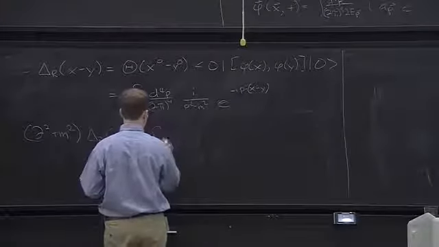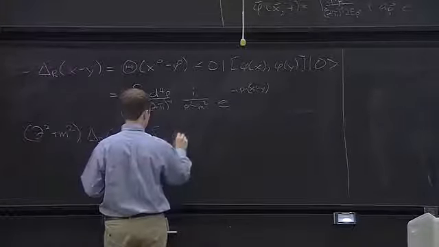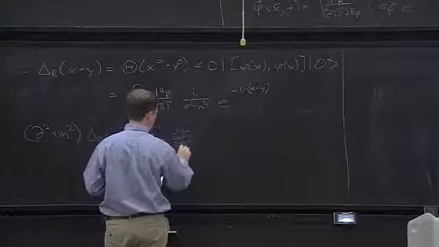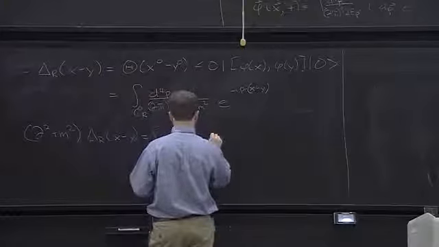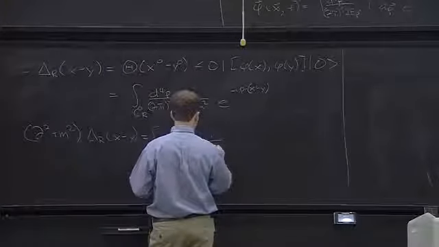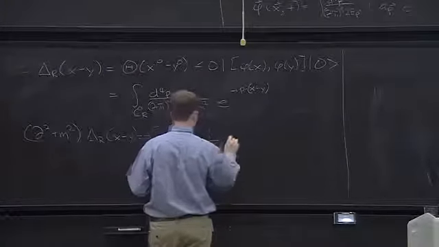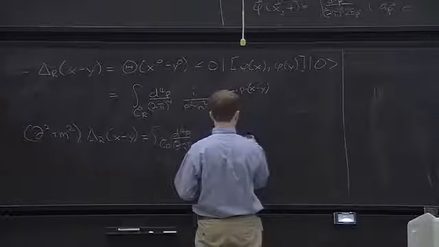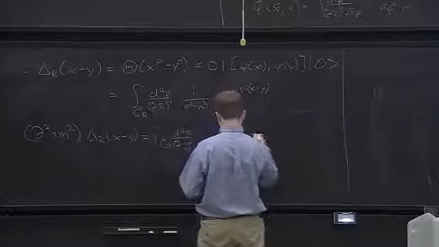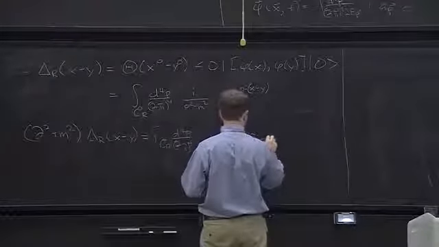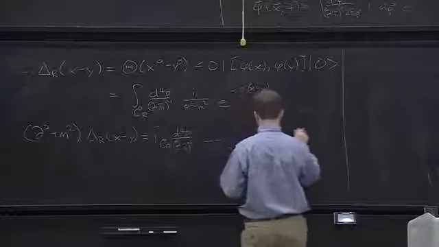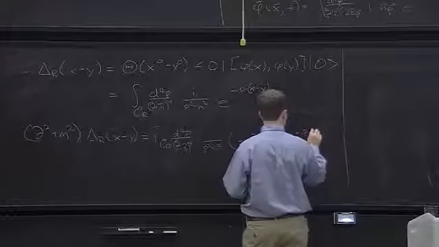And we get the derivative just brings down a factor of minus p squared, and the m squared, e to the i p dot x minus y.